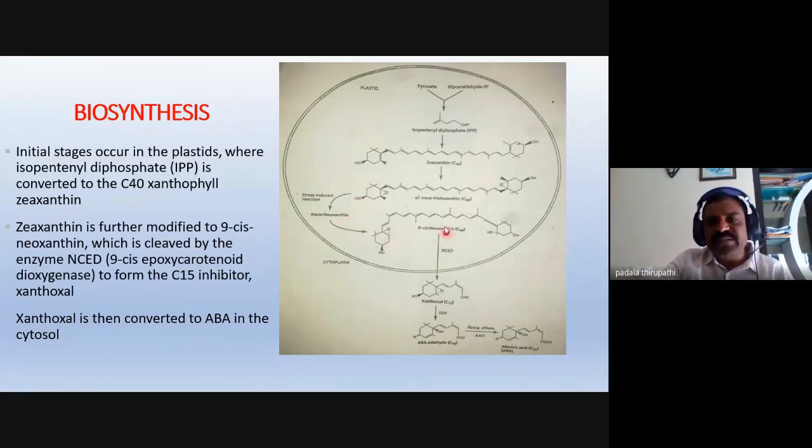This 9-cis neoxanthin, a 40-carbon component, is going to be modified in the presence of the NCED enzyme. Then again xanthoxal, so xanthoxal is synthesized.